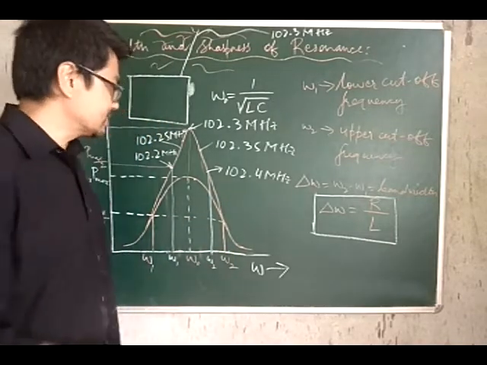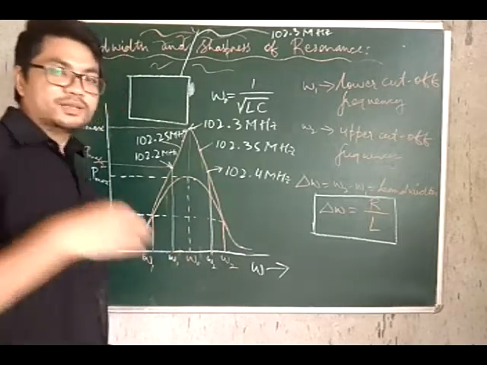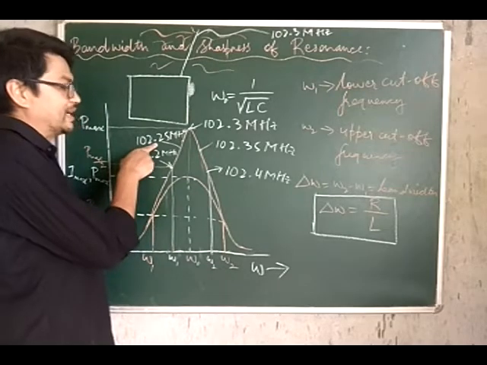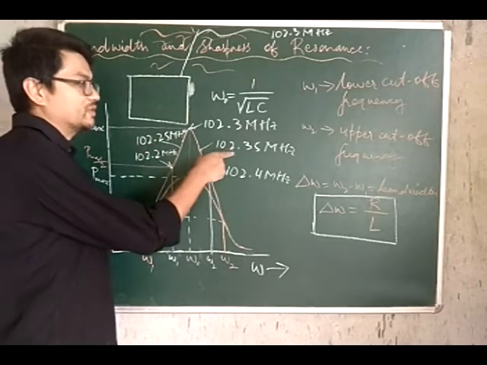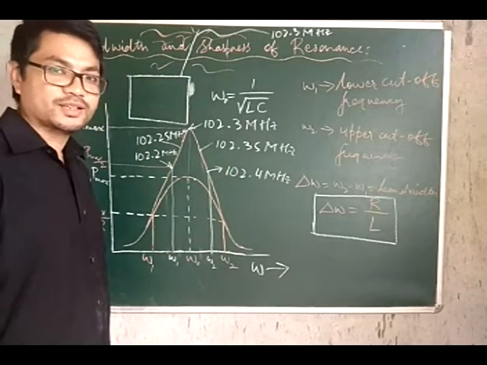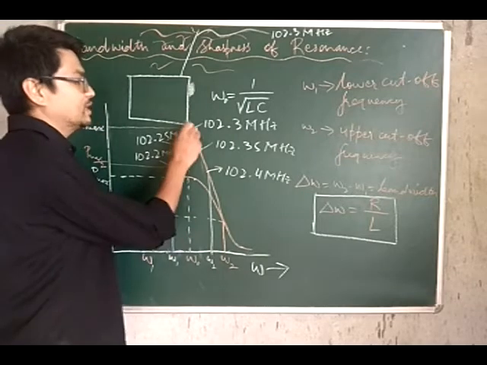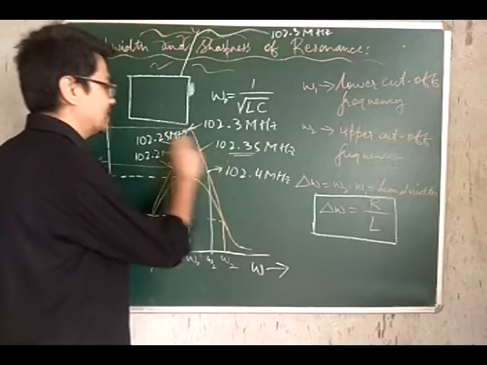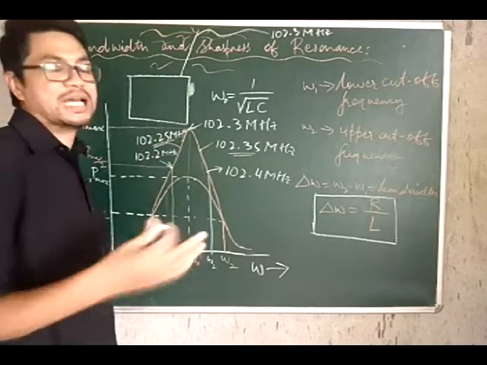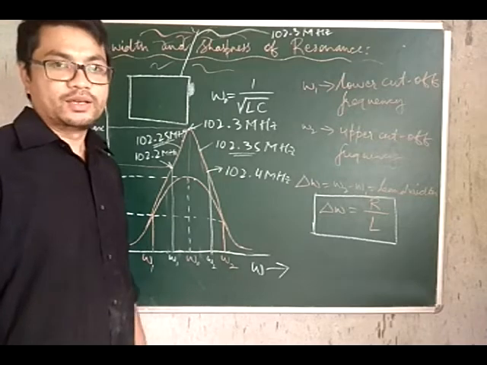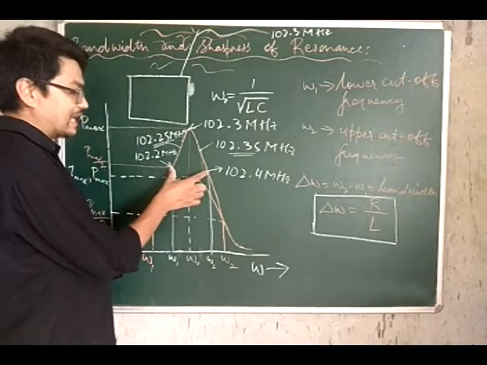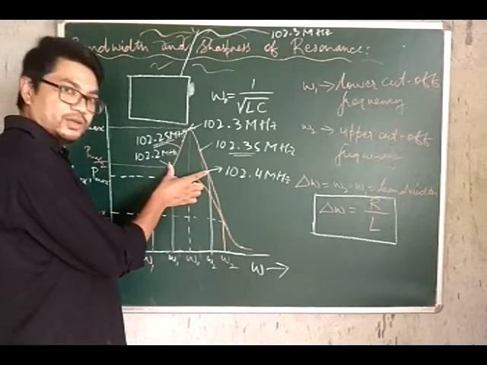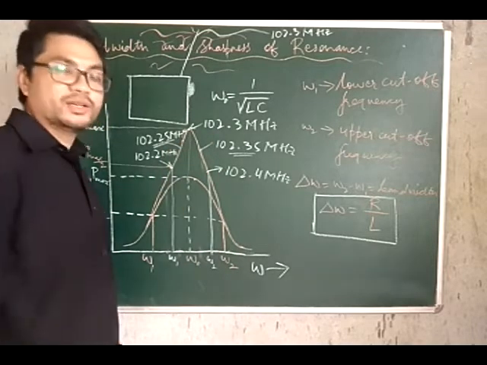And what is done is there will be no FM channels or radio channels having a frequency like 102.25 megahertz or 102.35 megahertz, except for one value, 102.3 megahertz. You don't have in-between values like this. These kinds of frequencies are not allocated. So the only frequency lying between the lower cutoff frequency and the upper cutoff frequency will be your 102.3 megahertz.